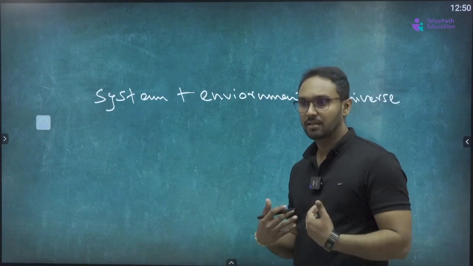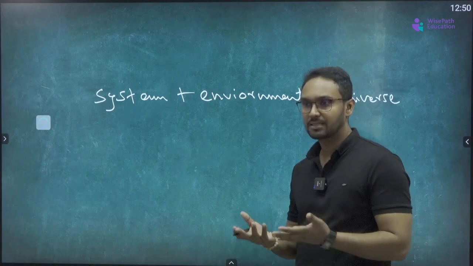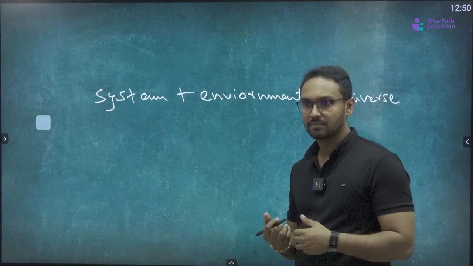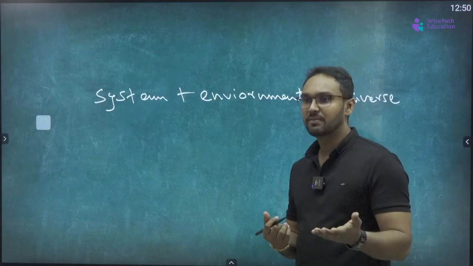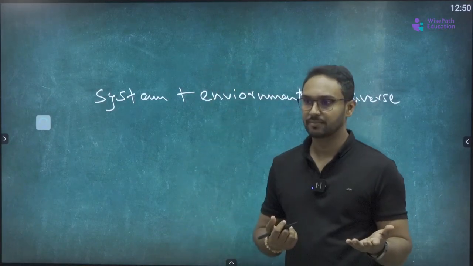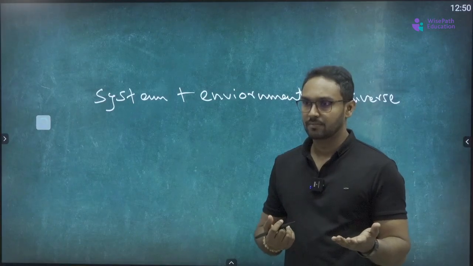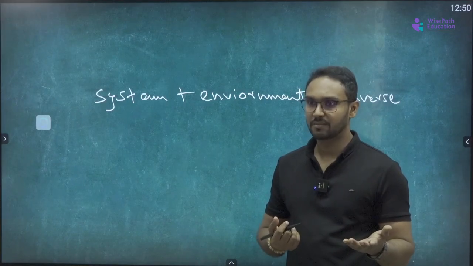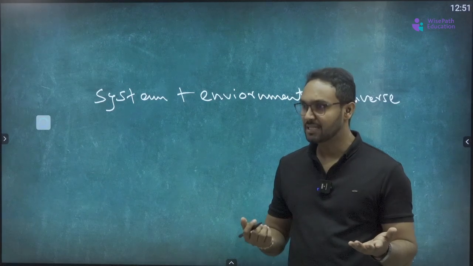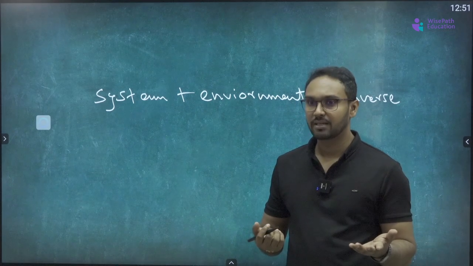Now I said you release 10 joules, the environment takes 10 joules. Now what is the energy difference of the system? Is it plus 10 or minus 10? Minus 10, because the system lost 10 joules.